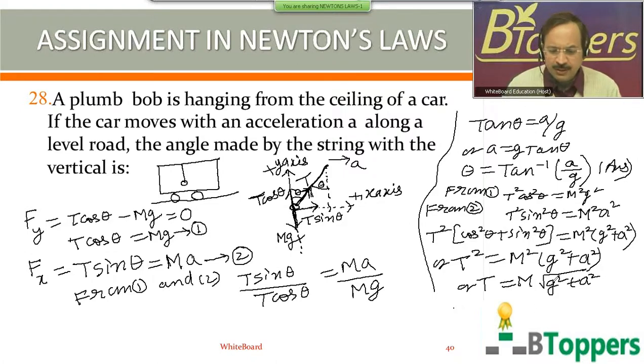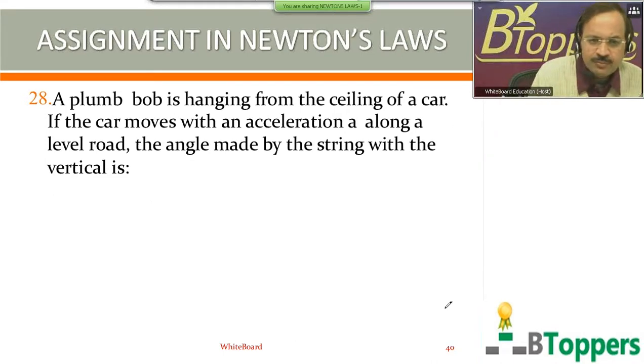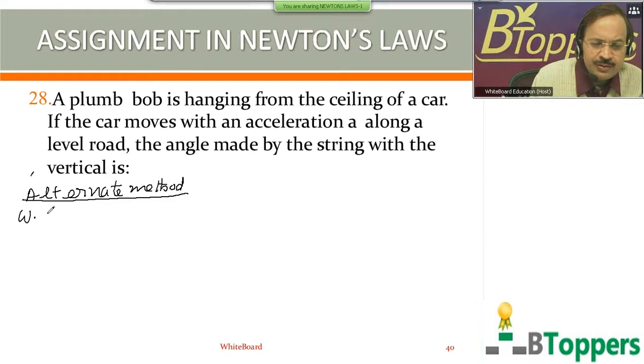Next, I am going to discuss the same problem by the alternate method. So I am discussing the same problem now by the alternate method. The alternate method is that I solve the problem with respect to the frame of reference fixed to the car.